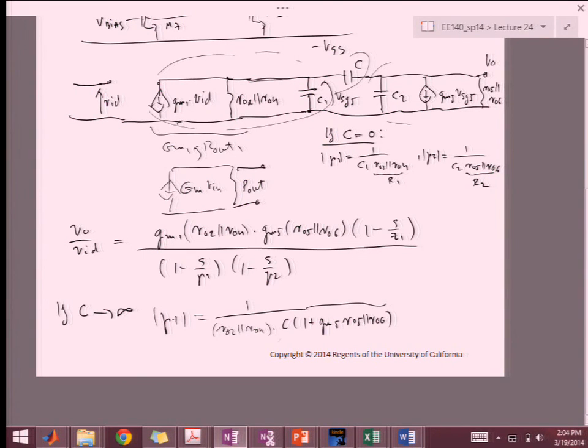So this is Miller. So this is going to go to 0, right? Because C goes to infinity. Pole 2 will be what I said, determined from these two capacitors and whatever the resistance comes from 1 over GM5. So it will really be GM5 divided by C1 plus C2.